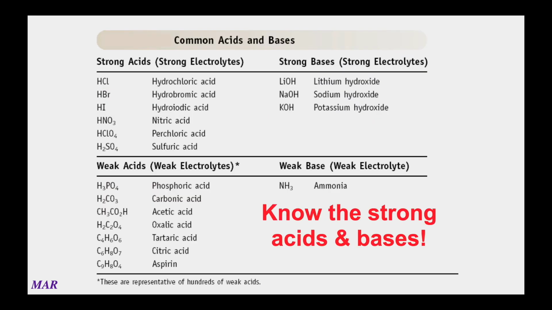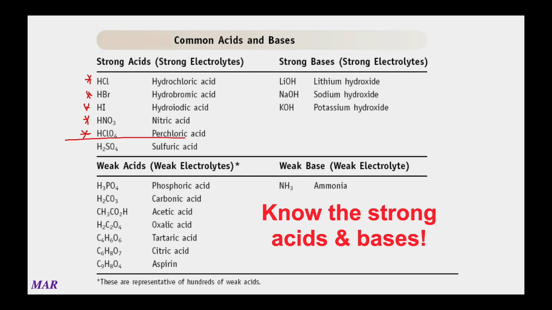There are really only a handful of strong acids and strong bases. The strong acids I'd really like you to know in Chem 221 through Chem 223 are hydrochloric acid, hydrobromic acid, hydroiodic acid, nitric acid, and perchloric acid.